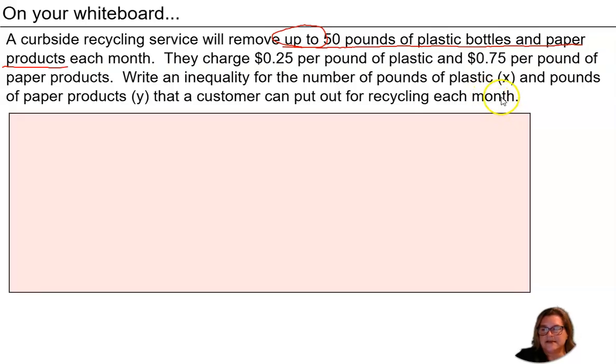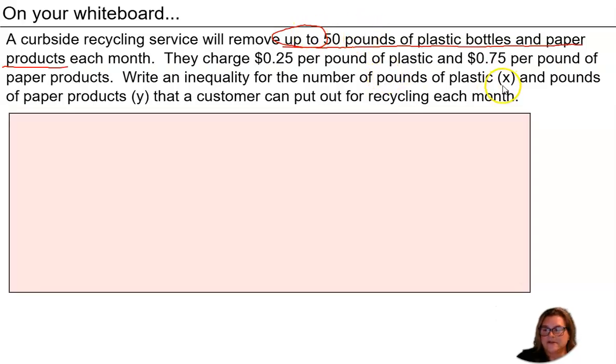Notice that it doesn't tell us anything about a total cost that's involved with this recycling. So these prices really don't matter when we're looking at the fact that they can put out up to 50 pounds.